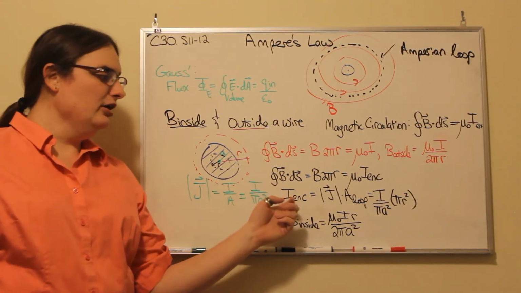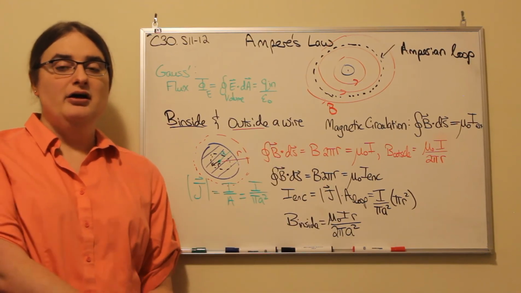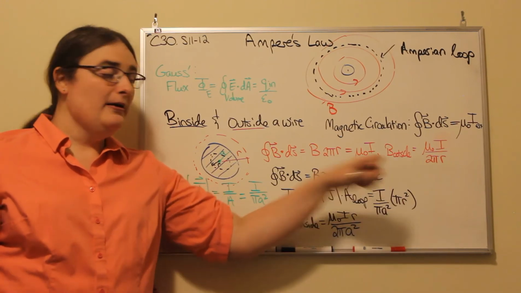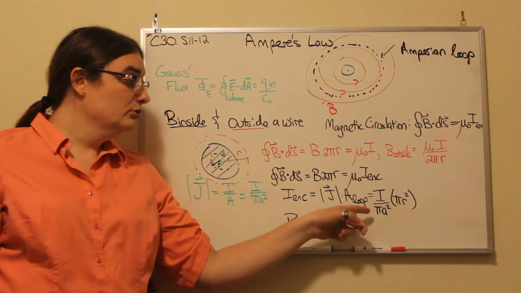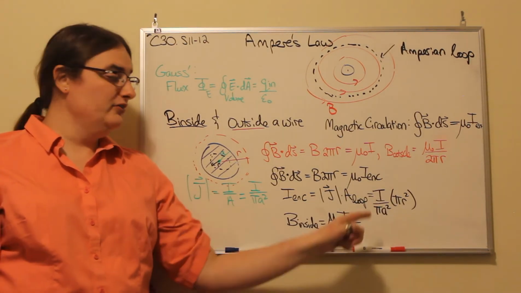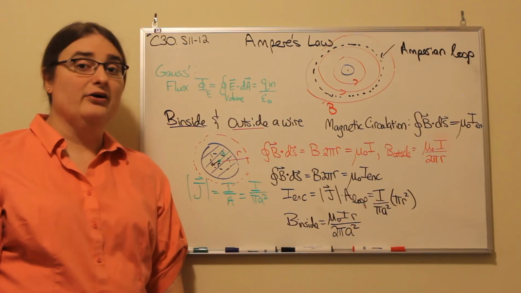So my current enclosed is going to be my current density times the area of the surface bounded by my Amperean loop, which would be pi times the radius of my loop squared. Well, the pi in the area of my Amperean loop and the pi in the cross-section of my wire cancel out.